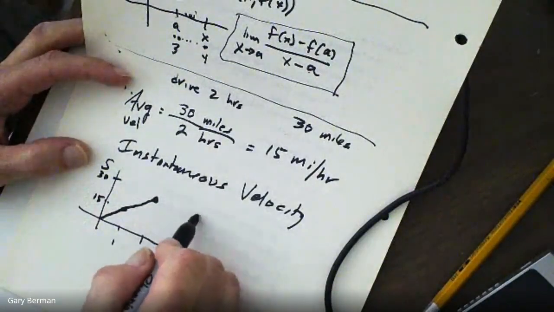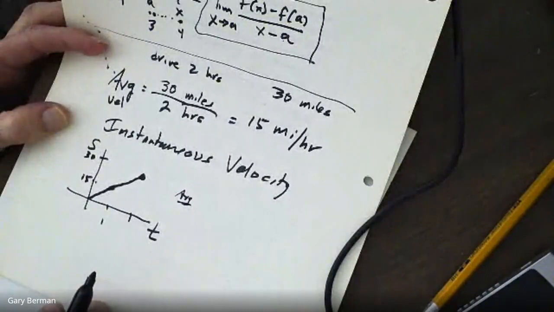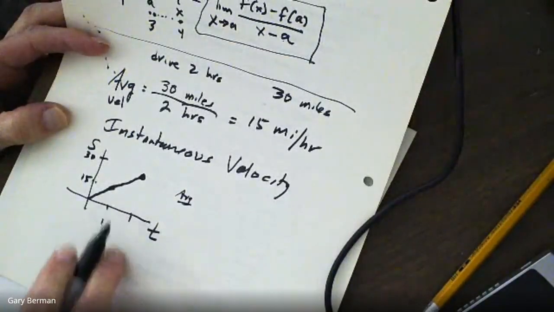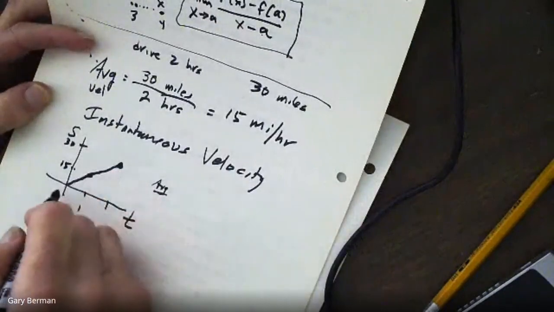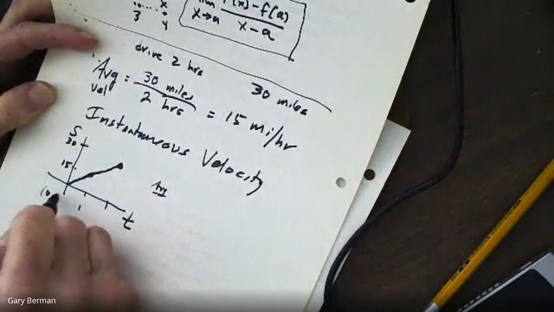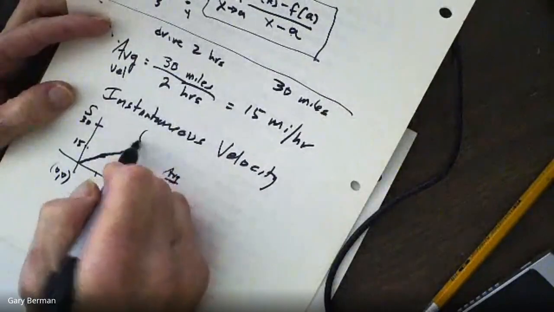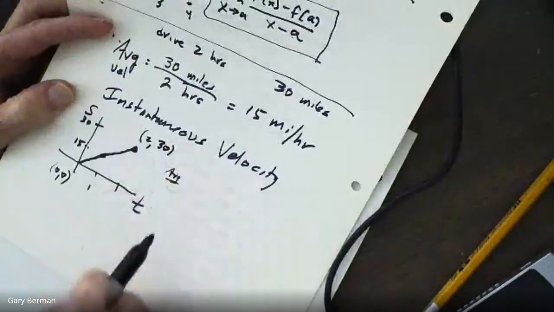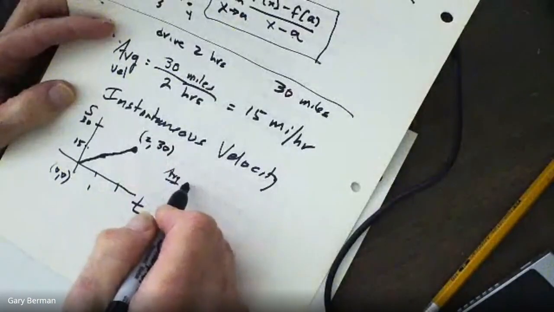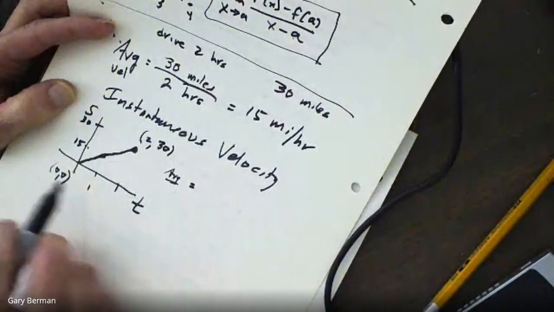Think of what the average velocity here represents. It represents the slope of that line, doesn't it? Because I started at time 0 at having gone 0 miles, and I ended up at time 2 hours having gone 30 miles.